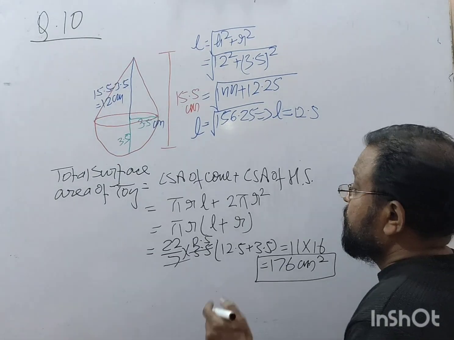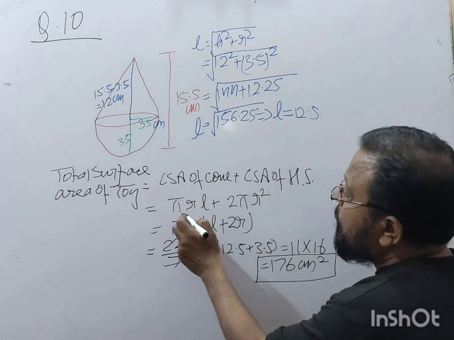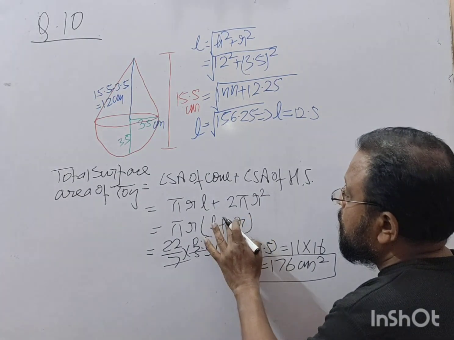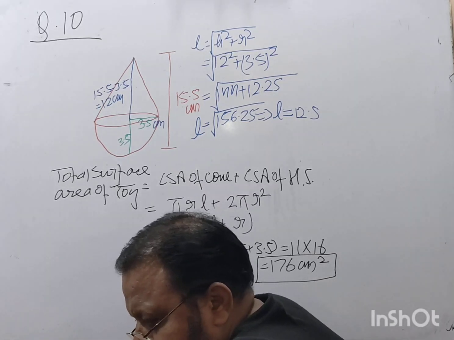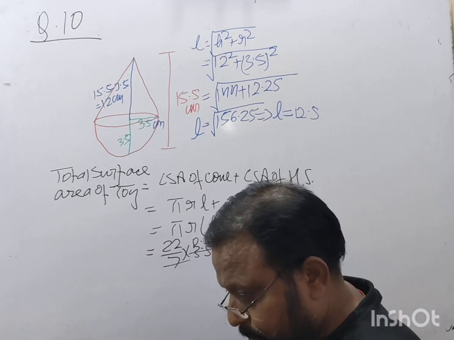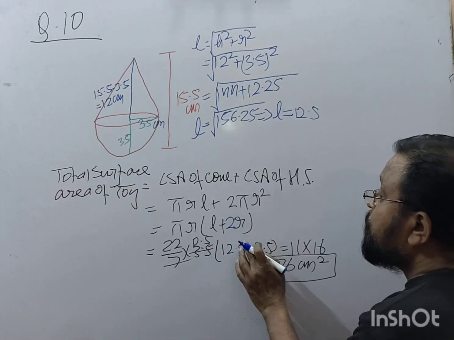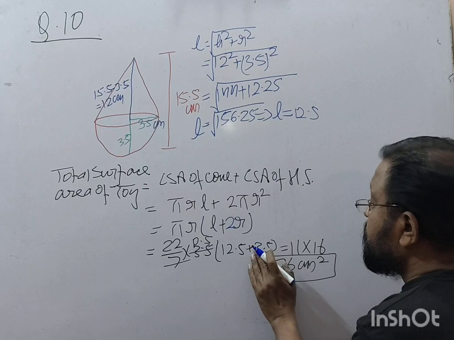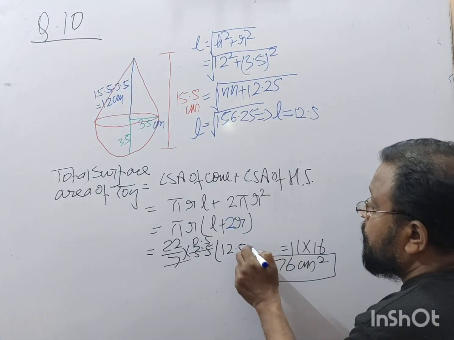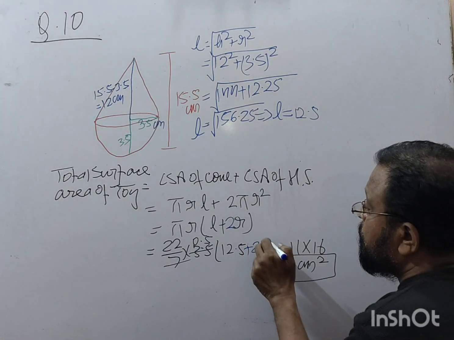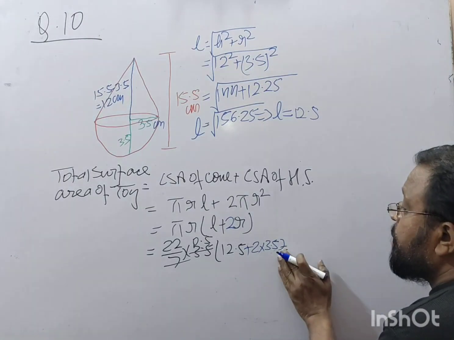This is 2. When we took pi r as common, here it should be 2r. Silly mistake. So it becomes plus 2 into 3.5, which is 7.